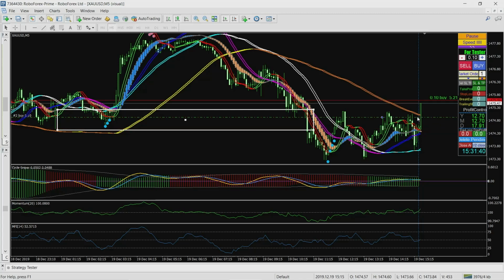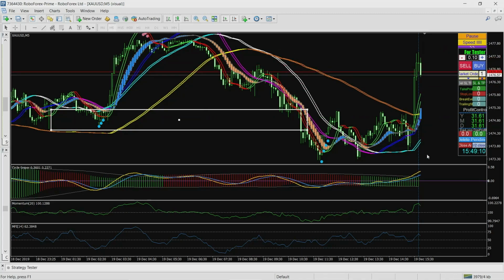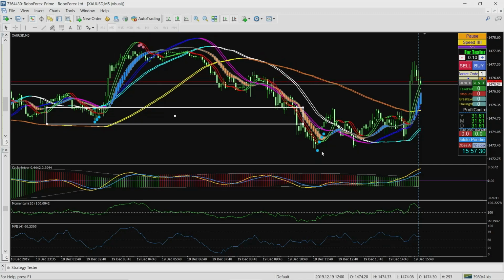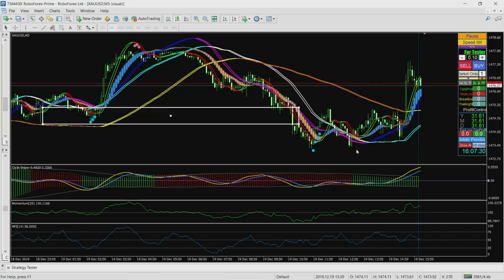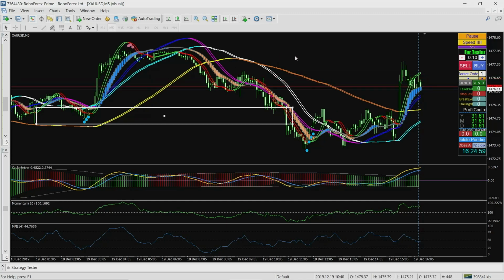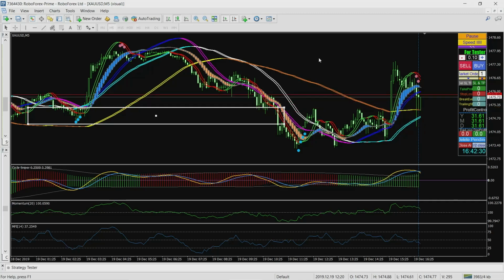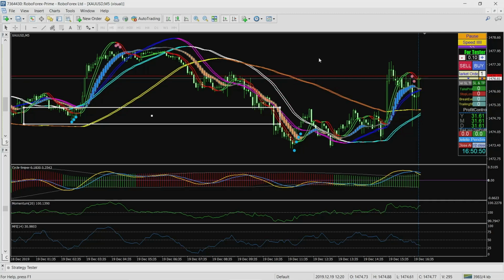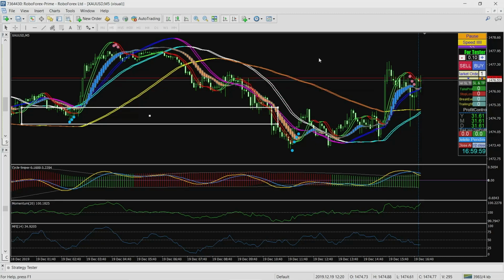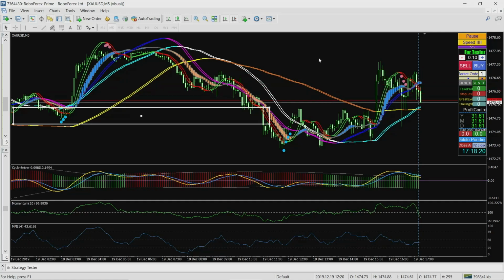Not able to break. Hop. Our stop was here. Okay, a very simple and clean strategy. This is the 5-minute chart. You can apply it to any chart, any time frame, without even checking the other time frames. Hit and run scalping strategy. Very strong. Okay.